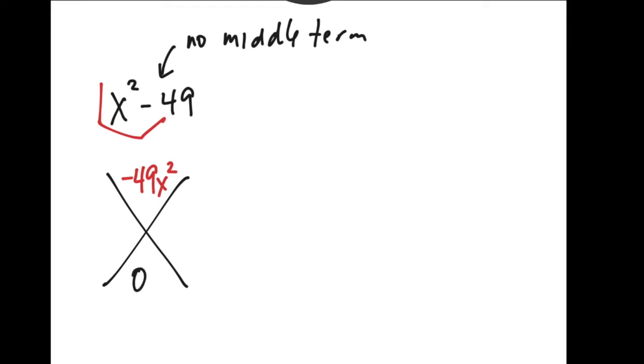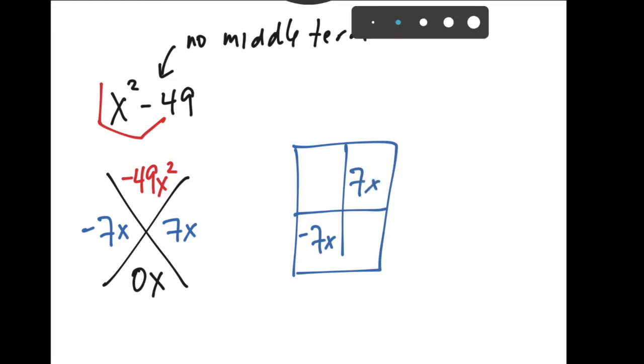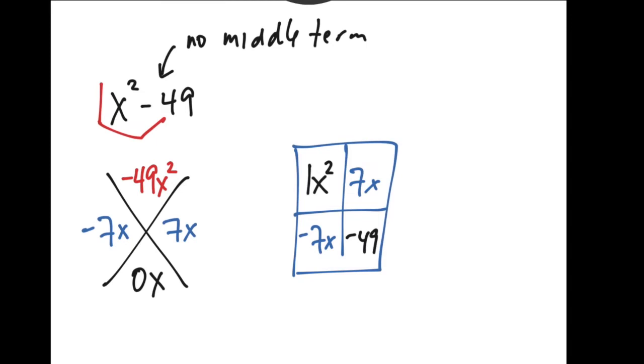So that's going to be 0x. So the two numbers that multiply to negative 49x squared are going to be negative 7x and positive 7x. So 1x squared, negative 49.